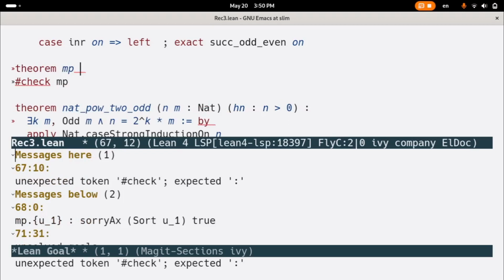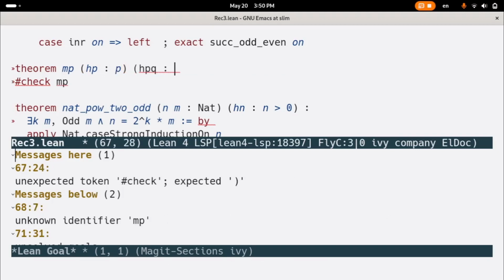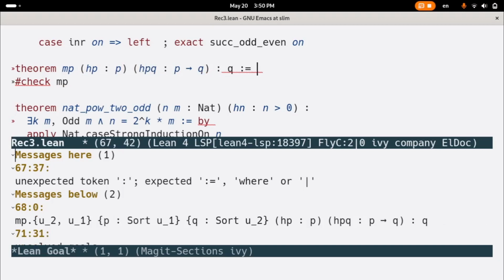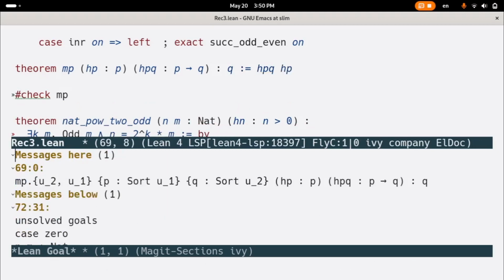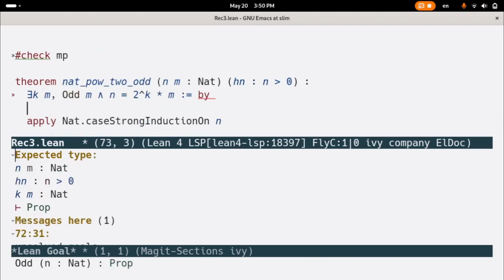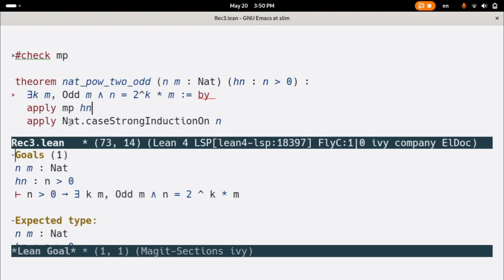The theorem modus ponens is that given a proof of P, where P is some proposition, and a proof of P implies Q, where Q is some proposition, we can conclude Q. Given this, we can apply modus ponens with our hypothesis Hn here to rewrite the goal into an implication involving n on the left hand side.